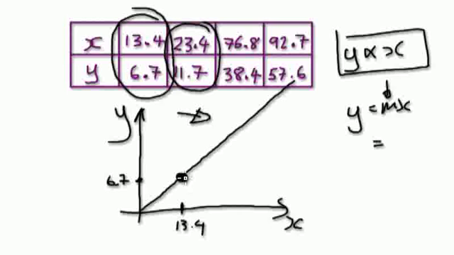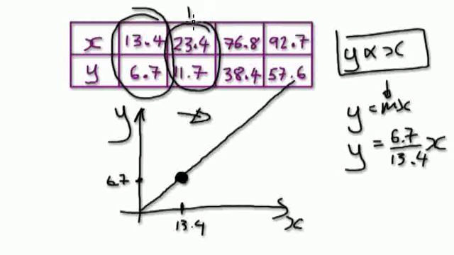Let's use this point here for convenience. To work out the gradient, it's always the up and down divided by the across. The up and down is 6.7 and the across is 13.4. So our equation is y equals 6.7 over 13.4 x.